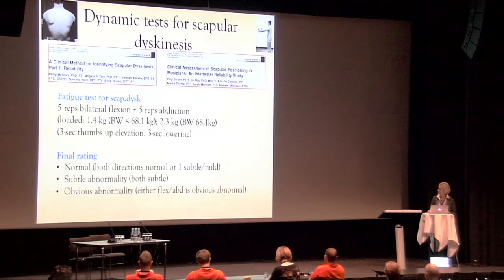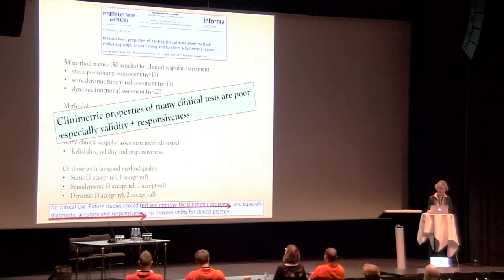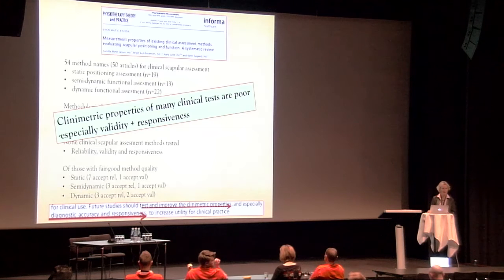But in general, we have some problems, since a recent review showed that many of these clinical tests used to identify kinematic changes in relation to, for example, scapular dyskinesis, have some problems with the clinimetrics.